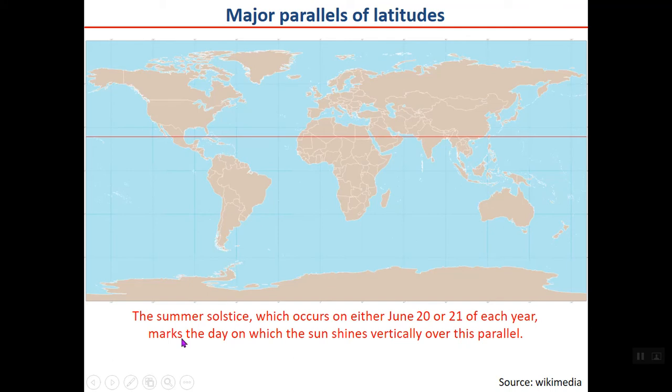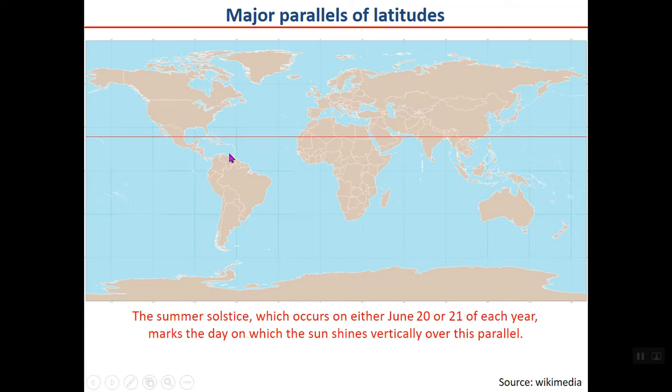The interesting point for the Tropic of Cancer is the summer solstice, which was actually some days back. It occurs on either the 20th or 21st of June each year. For this year, 2021, it was the 21st of June, and it marks the day on which the sun shines vertically over this parallel. So on the 21st of June this year, at any location on this line, the Tropic of Cancer, at solar noon, the sun is exactly overhead of the observer.